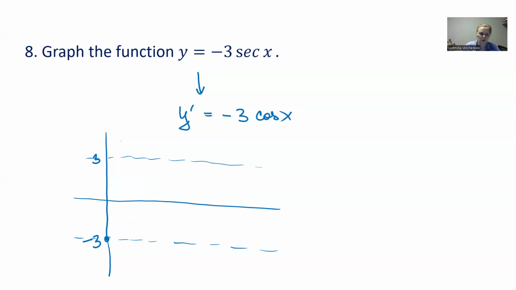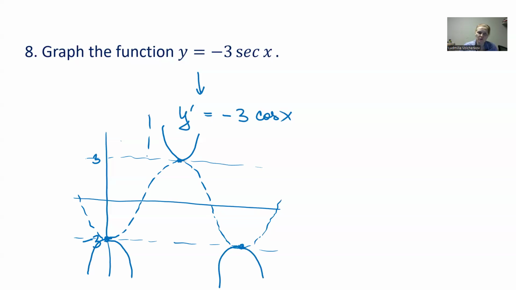Okay, let me draw a dotted line. Down, back to the minimum. And it repeats the behavior again and again since it's a periodic function. Okay, the secant will touch the cosine graph at every maximum or minimum.